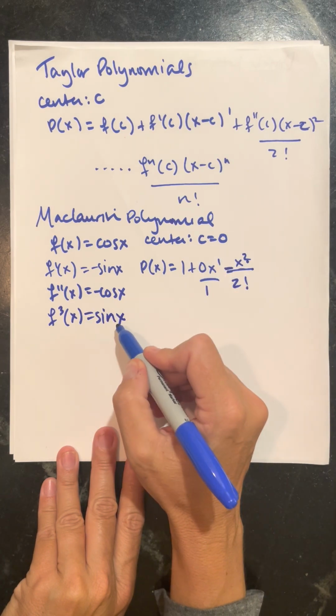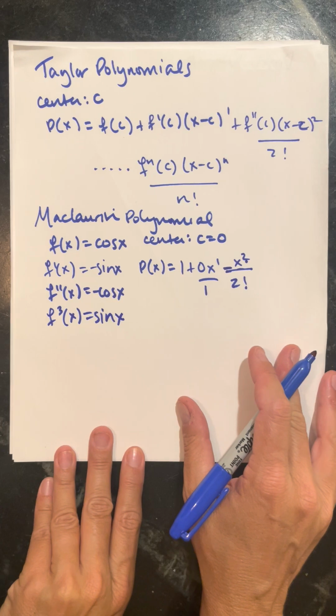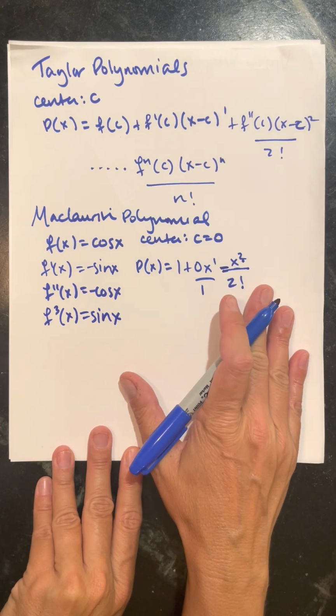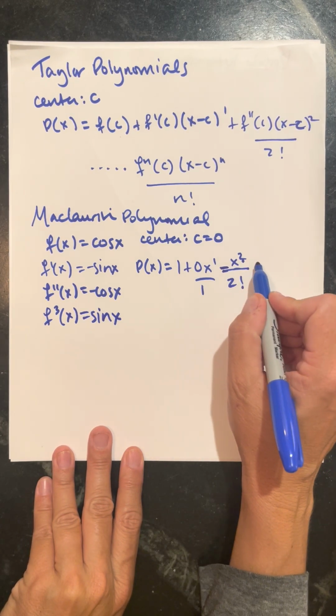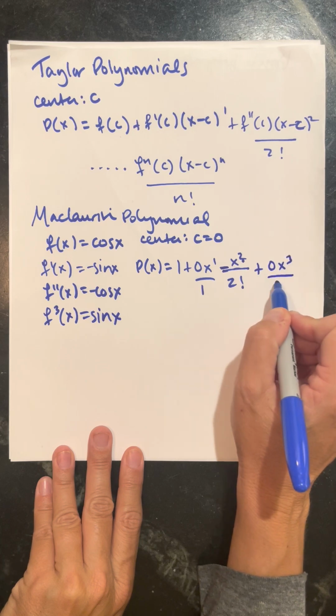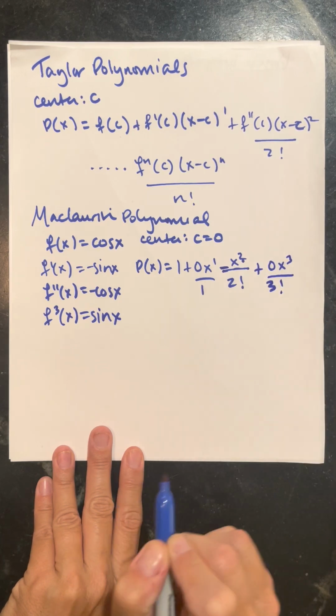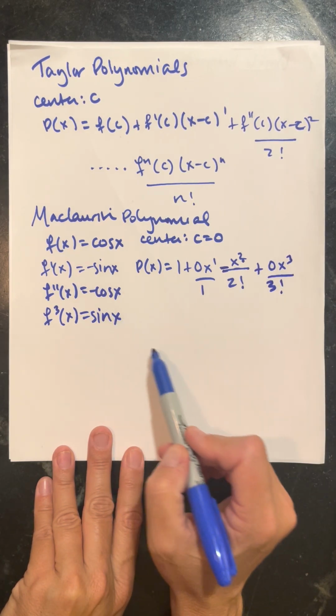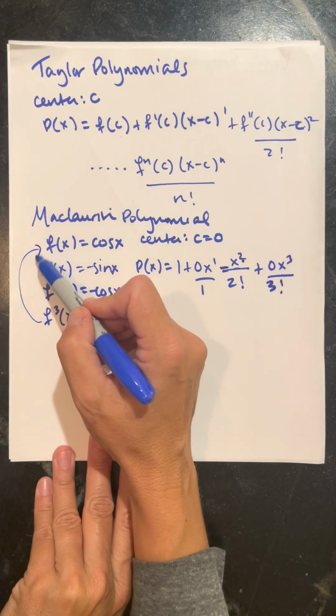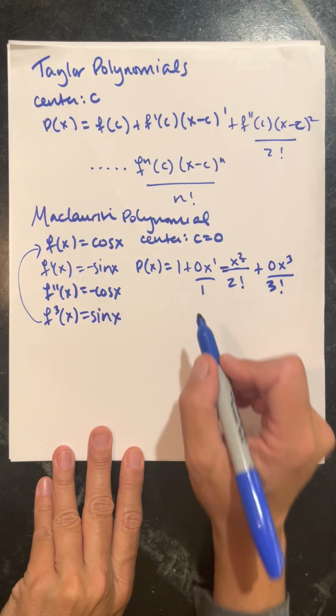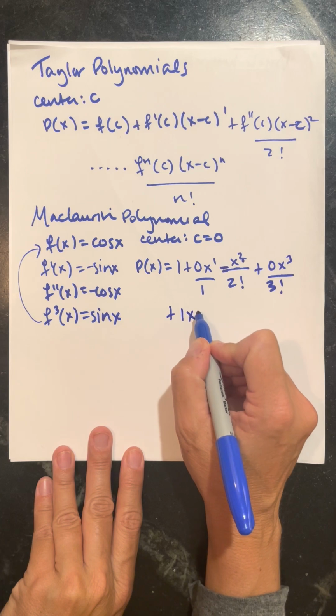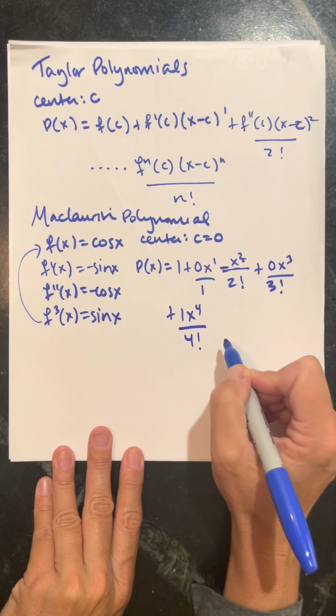If I plug in 0, the value of my third derivative is 0, so I would have no third term. So I get 0 x cubed over 3 times 2 times 1. I'll do one more because hopefully you can see that my fourth derivative kicks back up here. So I get 1 x to the 4th over 4 factorial.